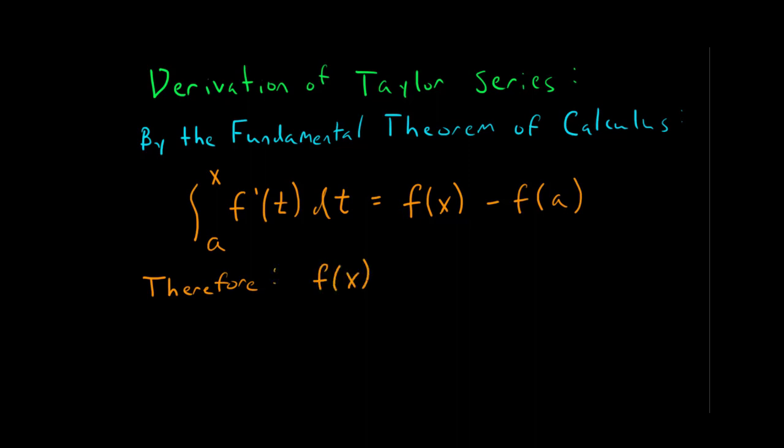Therefore, we can rearrange that equation, and we'll get that f of x is equal to f of a plus that integral that we've written, the integral from a to x of f prime of t dt.